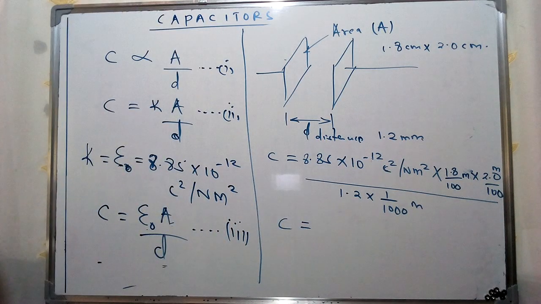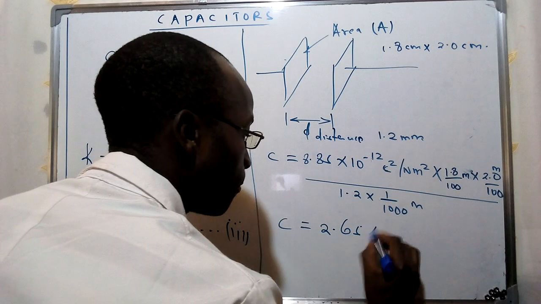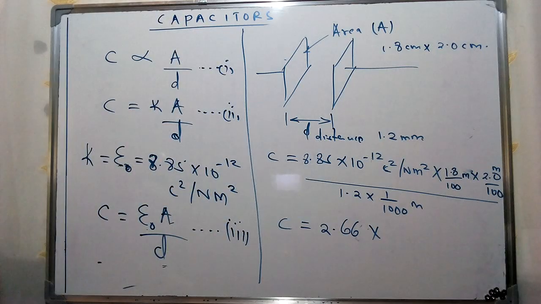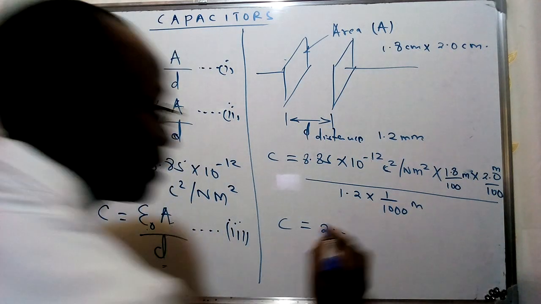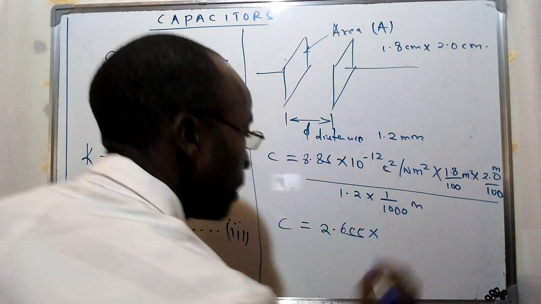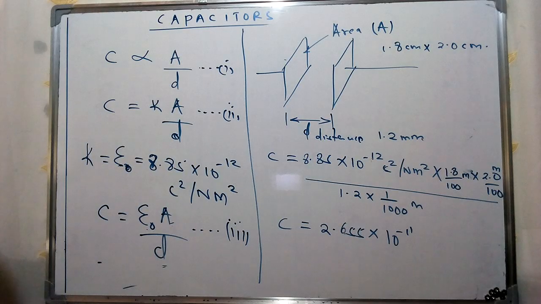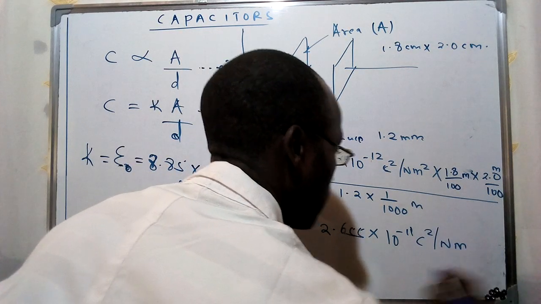So we're going to have this specific value given as 2.6. So I'm finding this specific value. So kindly, in case you find a different value, I always recommend that we do an adjustment, perhaps by giving us feedback in the comment section. So I'm going to have that one given in terms of 10 negative 11, C squared all over Newton meters.